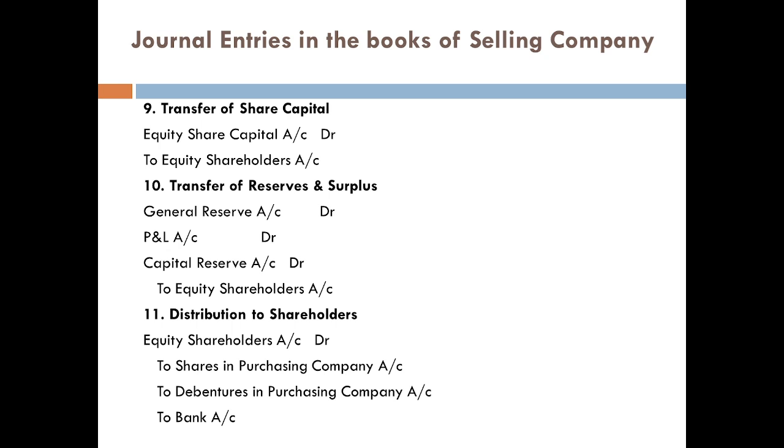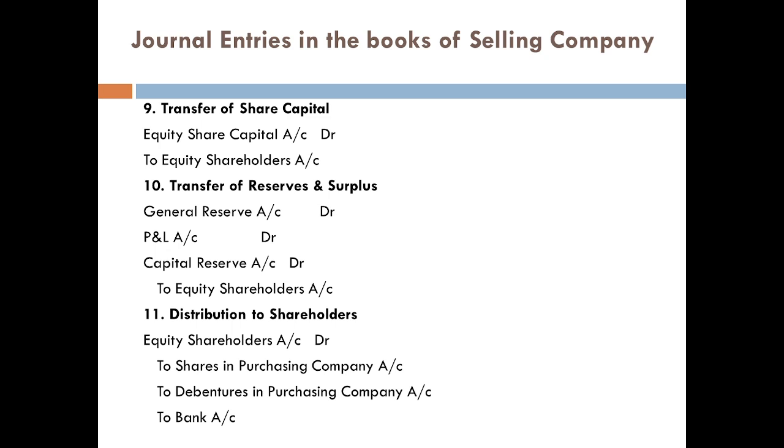Okay, the final entry is distribution to shareholders. Now we are going to pay back the whole amount to the shareholders. We have earlier transferred share capital to the shareholders, we have transferred all reserves to the shareholders. Now it is time to pay them back and close the books of accounts. Equity shareholders account debtor. How we are going to pay will be explained in the problem.